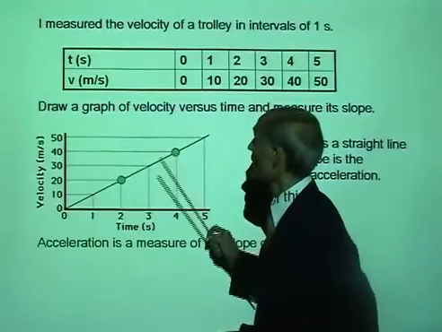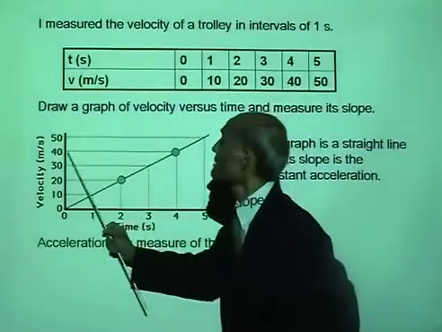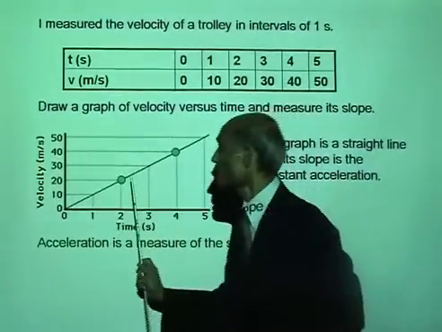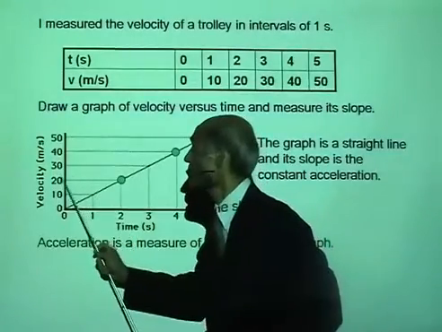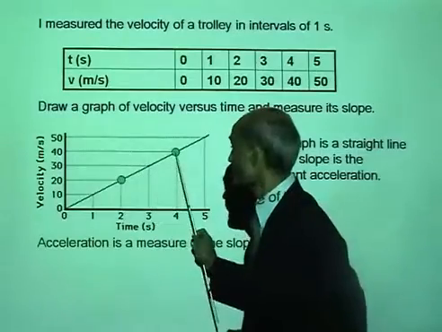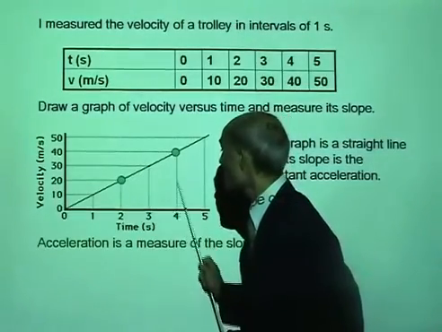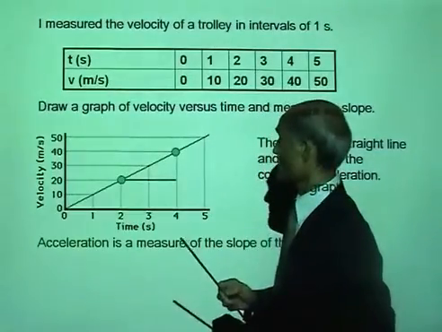The second point I'm going to take is the x value 4, the y value 40. In other words, the first point, the time is 2 seconds, the velocity is 20 meters per second. The second point, the time is 4 seconds, the velocity is 40 meters per second.